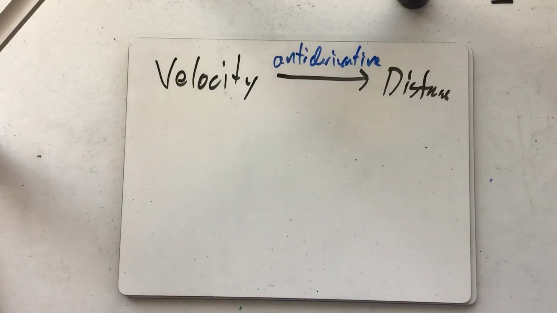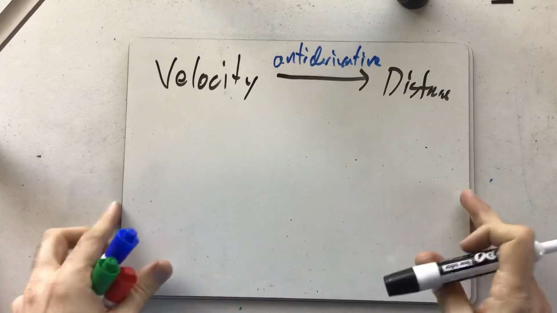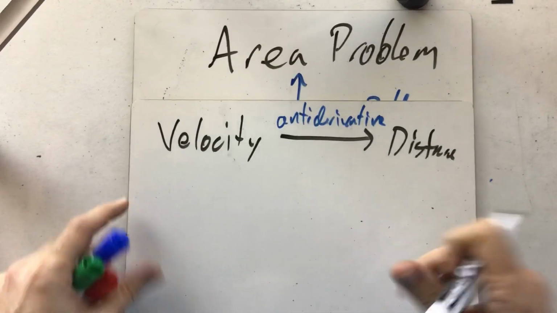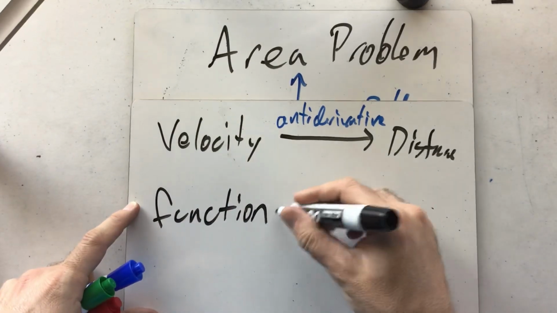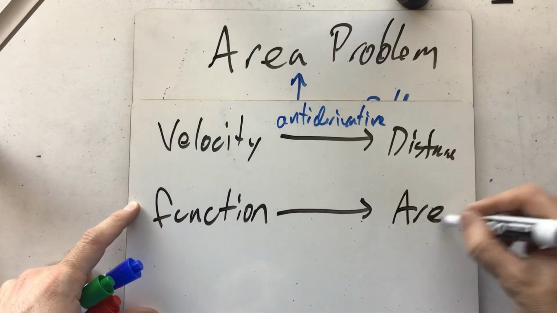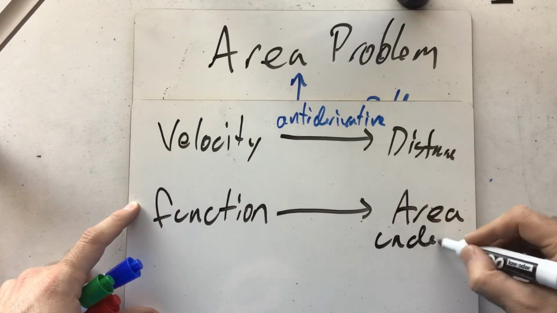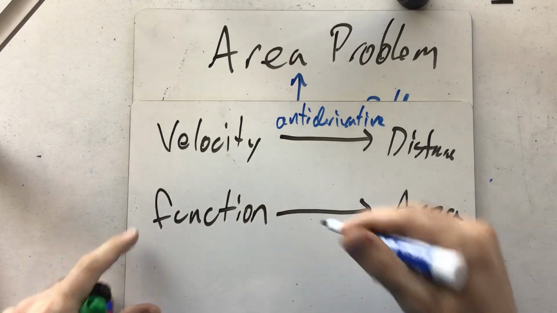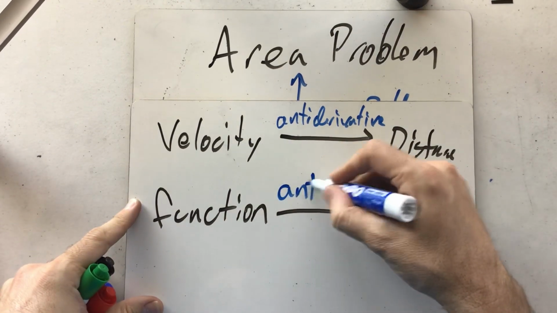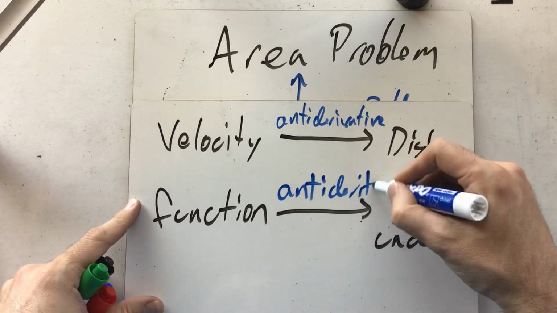If I know velocity and I want to get to distance, I know I need to take the antiderivative to make that passage. Well, since the area problem is the same, if I have a function and I want to find the area underneath the function, what do you think I'm going to need to use? I'm going to need to use an antiderivative.